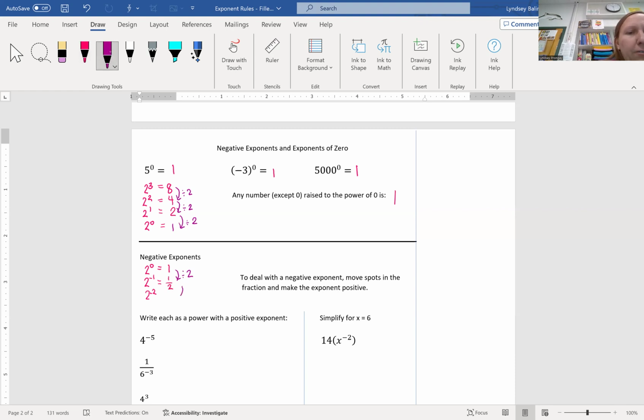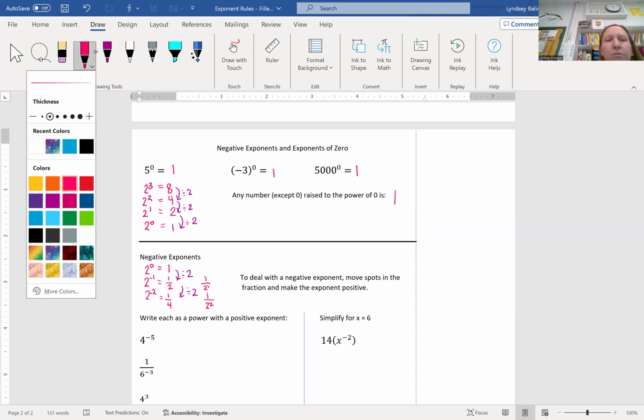And if I take a half and divide it by 2, that's going to be 1/4, which happens to be 1 over 2 squared. 1/2 is 1 over 2 to the first. So you can see that we took our negative exponent, put it into the denominator of a fraction, and just turned it into a positive exponent.